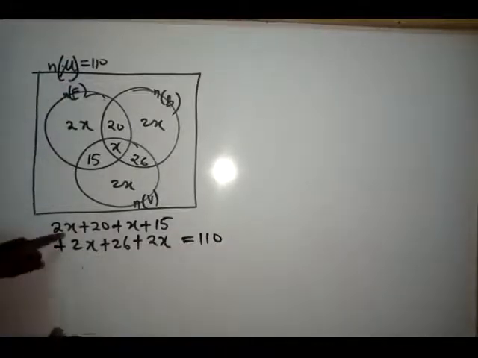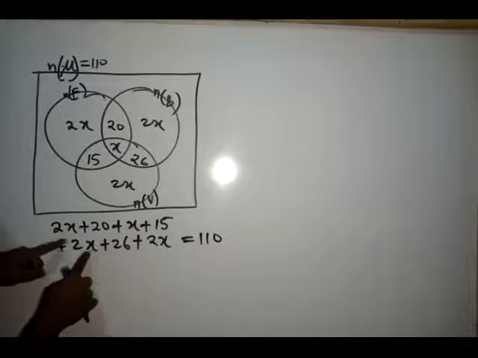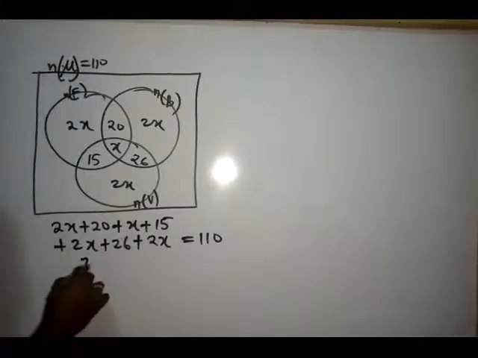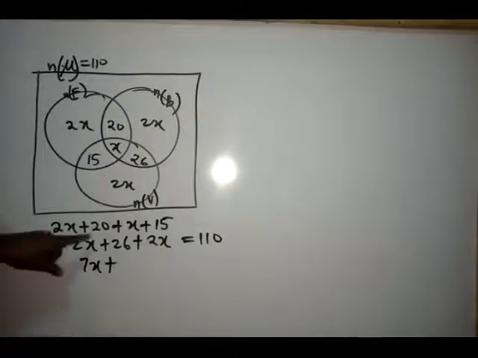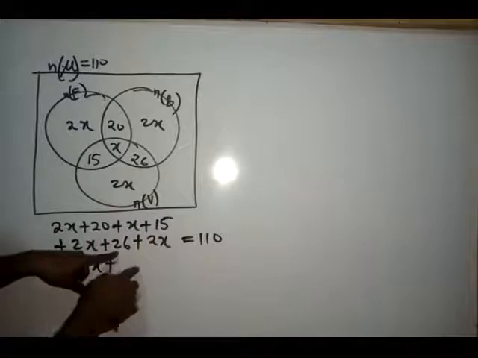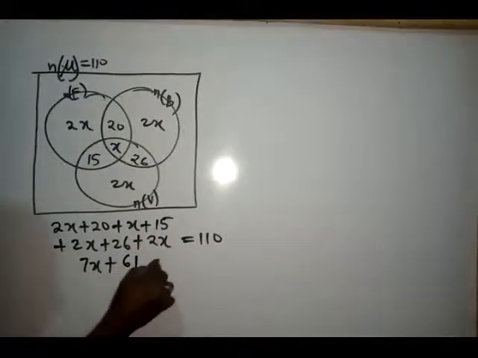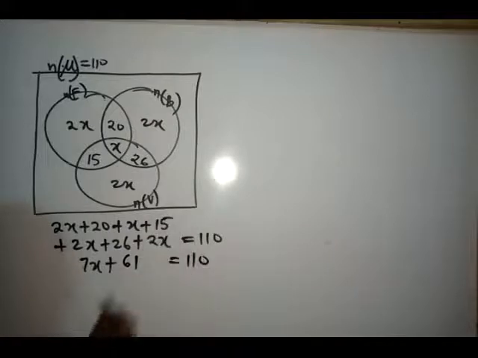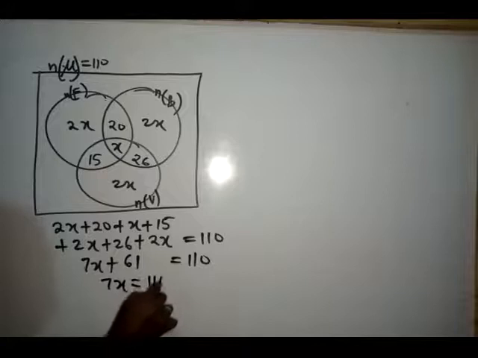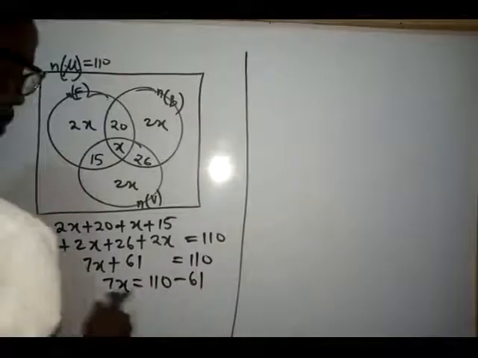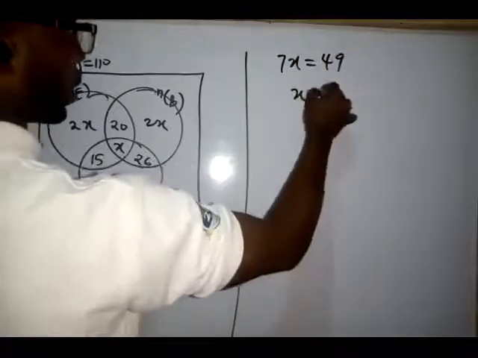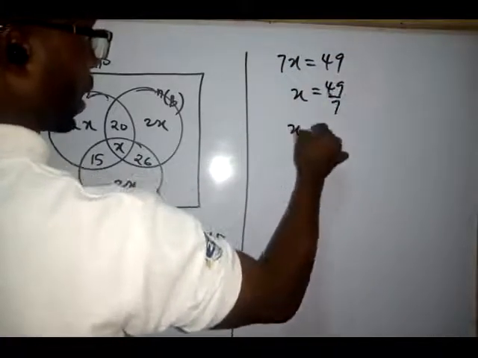This and this will give me 3x, this and this will give me 4x, and 3 plus 4 is 7. So we have 7x plus this and this, which should give me 35. 35 added to this should give me 61, which with 7x is equal to 110. So 7x equals 110 minus 61, so 7x equals 49, and x equals 49 divided by 7, x equals 7.